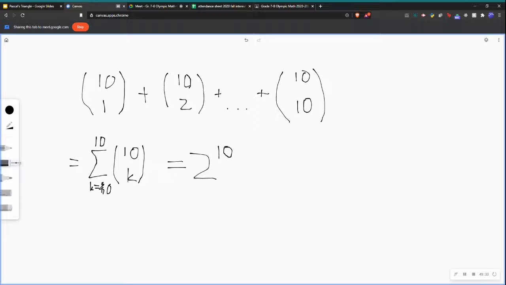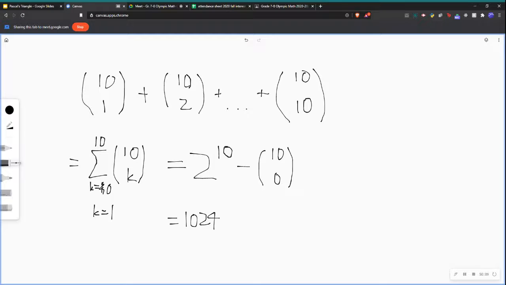But since we're starting at k equal to 1, we have to subtract 10 choose 0, because we're not starting at 0. 10 choose 0 is not in our sum, so I have to subtract that from this power. 2 to the exponent 10 is 1024.